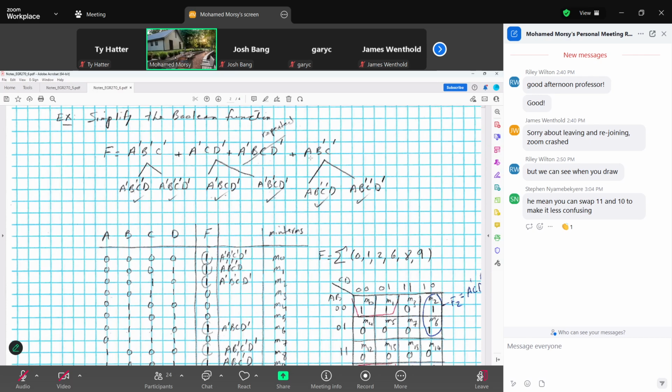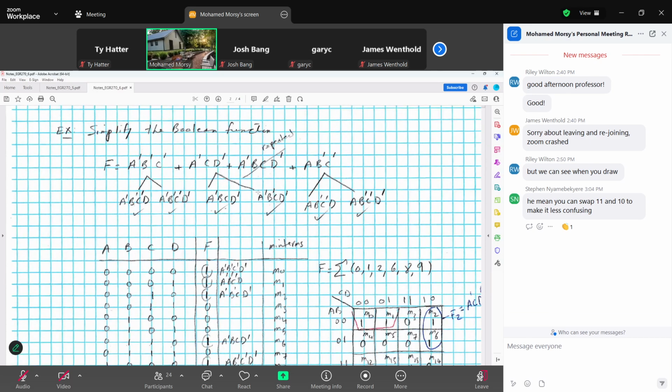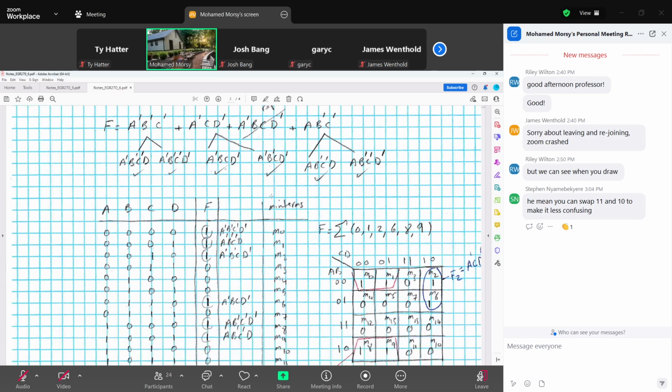This is okay. For the last one, we need to multiply by D plus D inverted. So we got these expressions. When we compare, we can see a term repeated here, so we just cancel or skip it.